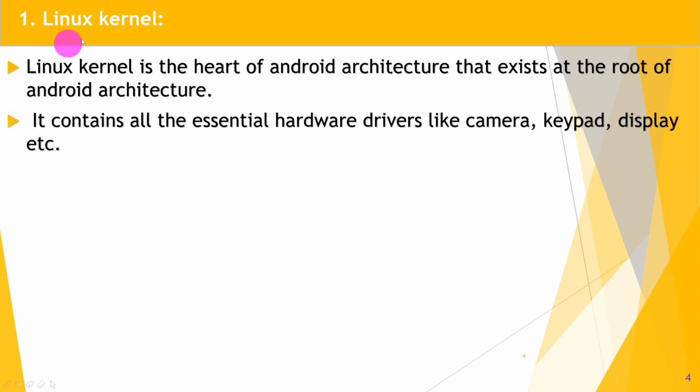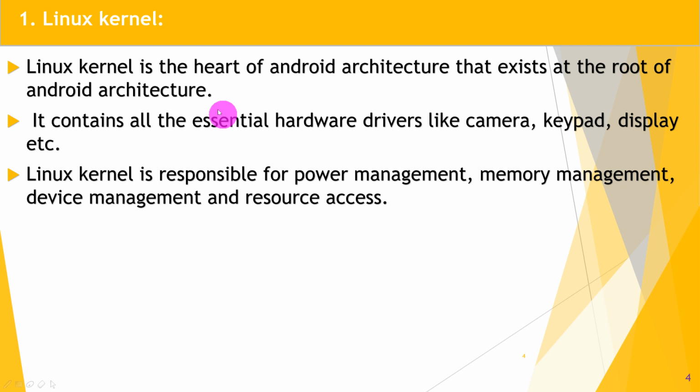It contains all essential hardware drivers like camera, keypad, display, etc. All these are drivers required for connectivity between hardware devices and the respective app. So all these types of drivers are present in the Linux kernel part. Great. Hope you understand what the Linux kernel is and what it contains.